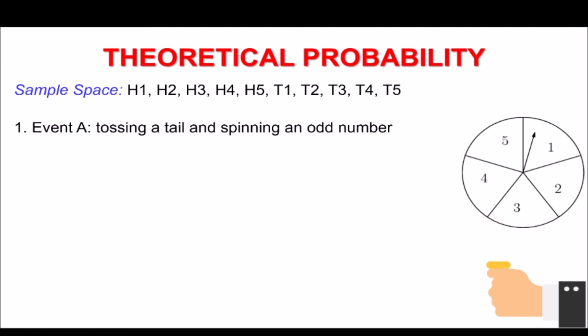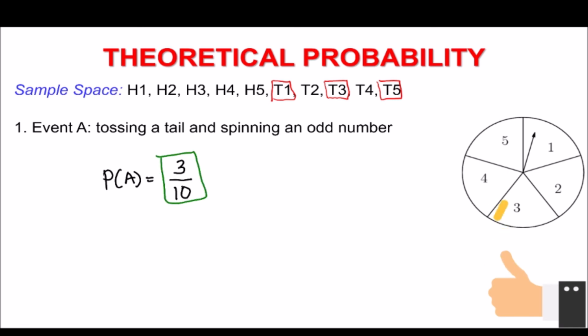Since we're talking about getting a tail and an odd number, and the odd numbers are 1, 3, and 5, the number of events will be 3 and the number of sample space will be 10. So the probability of A is 3 over 10. The probability of tossing a tail and spinning an odd number is 3 out of 10.